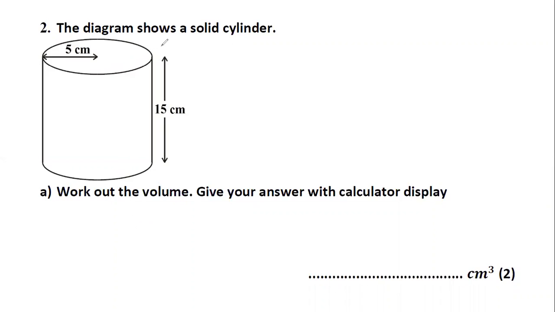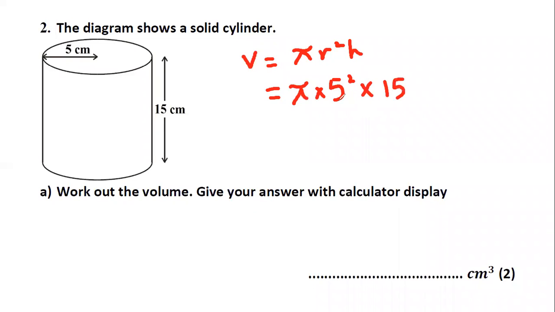Let's move to question number 2. It says the diagram shows a solid cylinder, work out the volume, give your answer with calculator display. Right, so again, it's the same practice. We'll write volume is equal to pi times r squared times by h. Pi times by radius in this case is 5, so 5 squared times by 15.